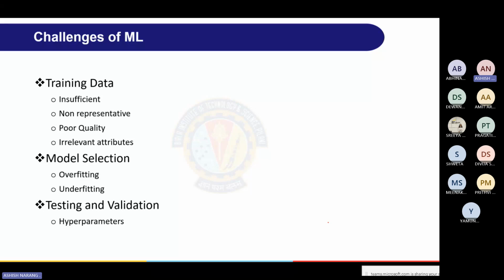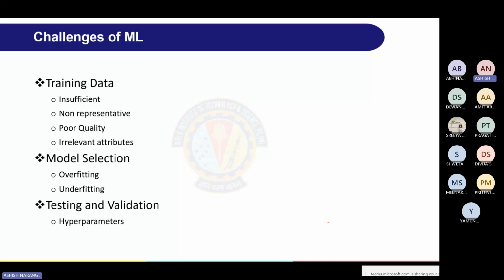These are the challenges with respect to the training data. When it comes to model selection, my idea is to generalize. I don't want a model that aligns very well with the training data I have given it, but when I give it other data which it has not seen, it does not perform well.